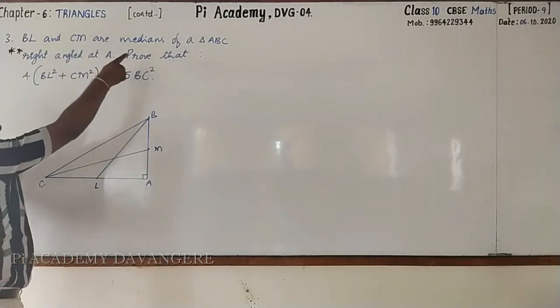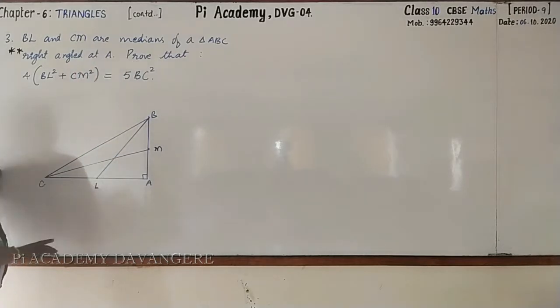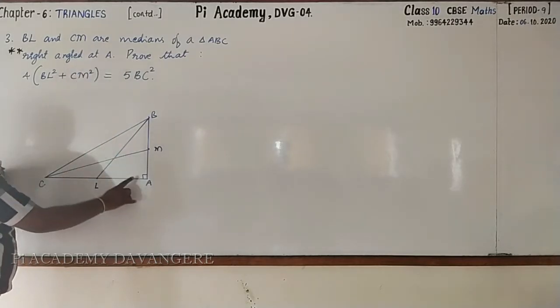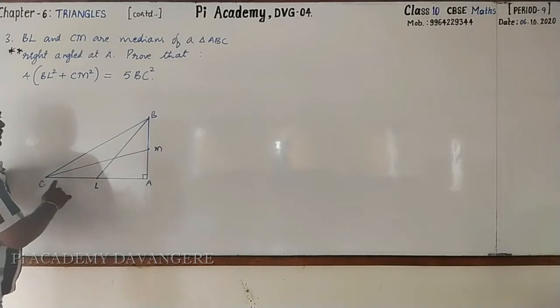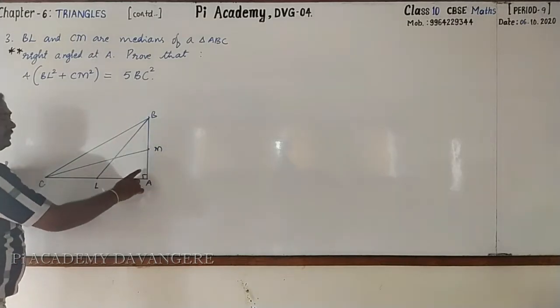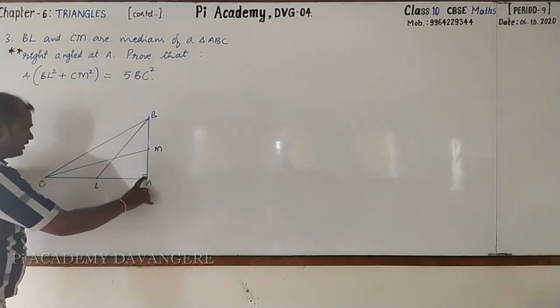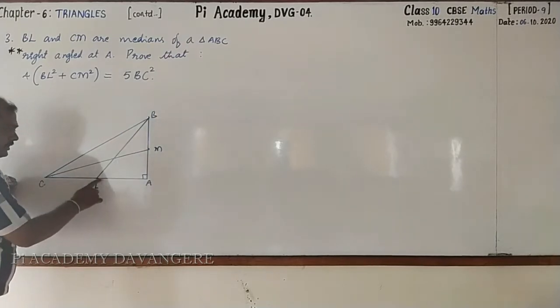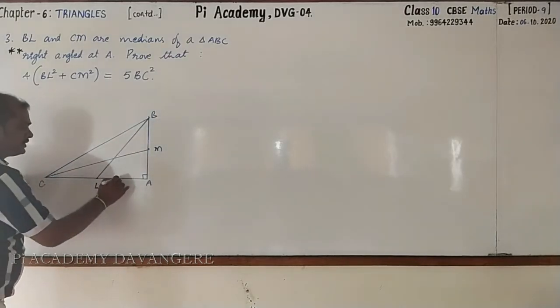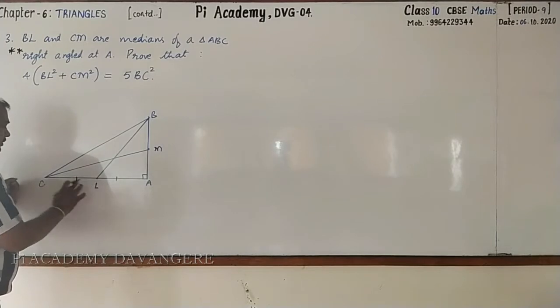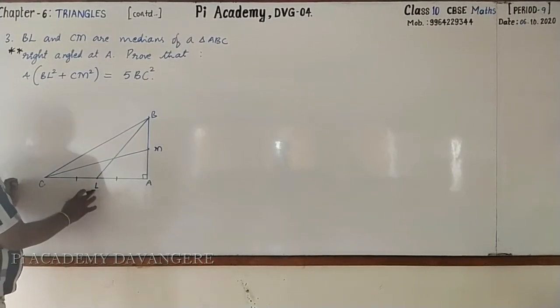BL and CM are medians of triangle ABC, right angled at A. Here they have given right triangle ABC. In that angle A is 90 degree. BL is the median. That means AL will be equal to CL.